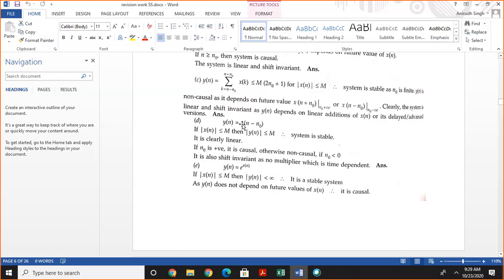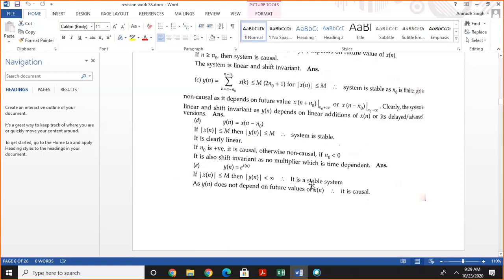If the value of n naught is positive, then the system is causal. If the value of n naught is negative, it means that n plus n naught is non-causal. And this is time invariant because n is not present explicitly in this equation. If t or n is present in this equation, then that system is time variant.